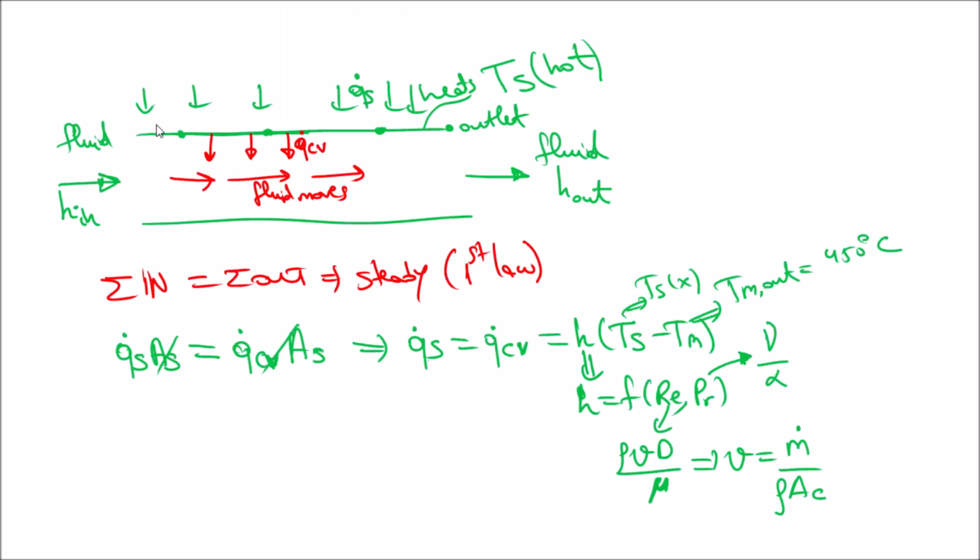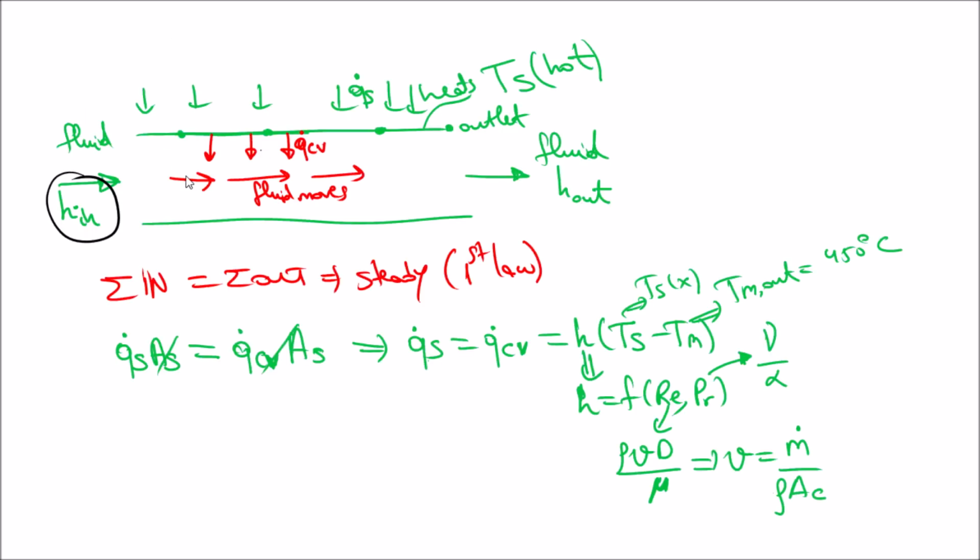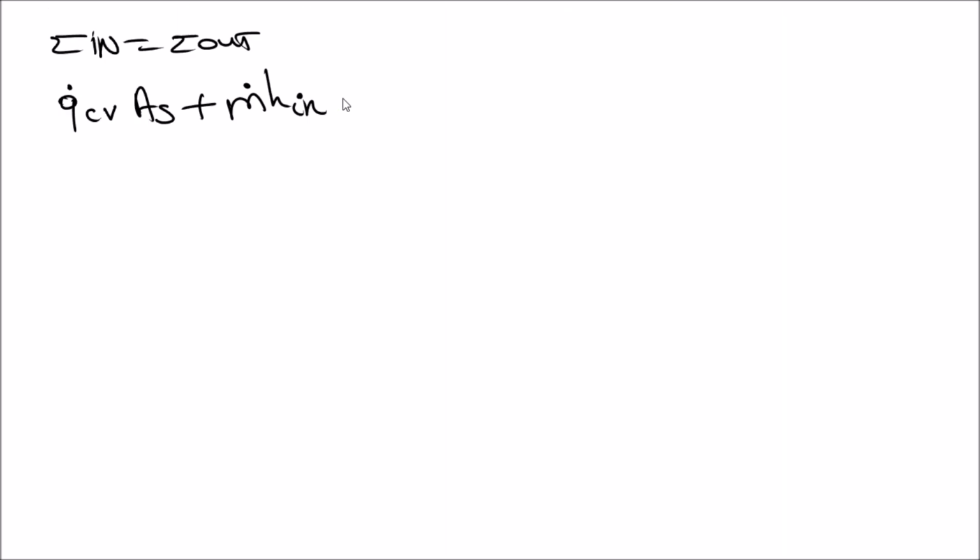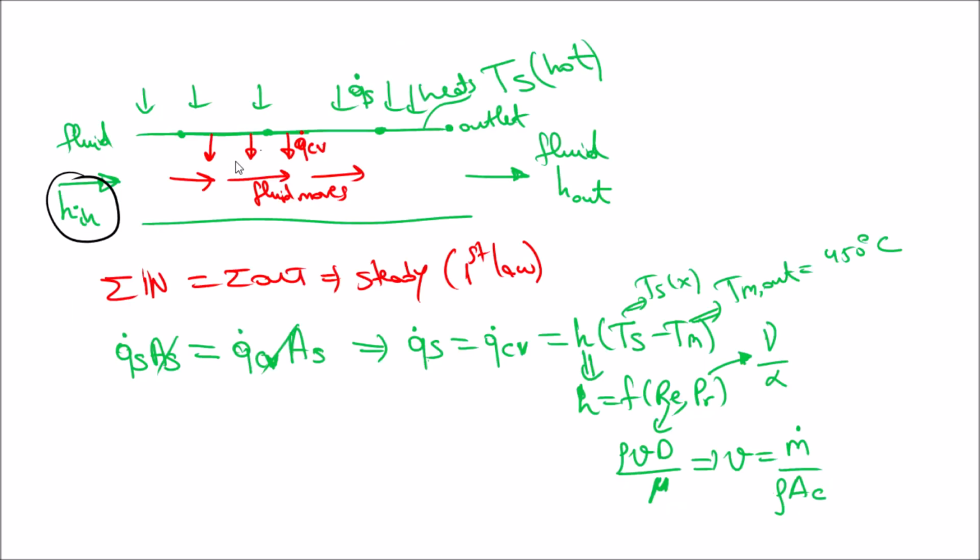For the total system, total in should be total out. You have the convection energy into the system with some area plus enthalpy at inlet. These are the in quantities, and they should be equal to m dot and enthalpy at outlet.